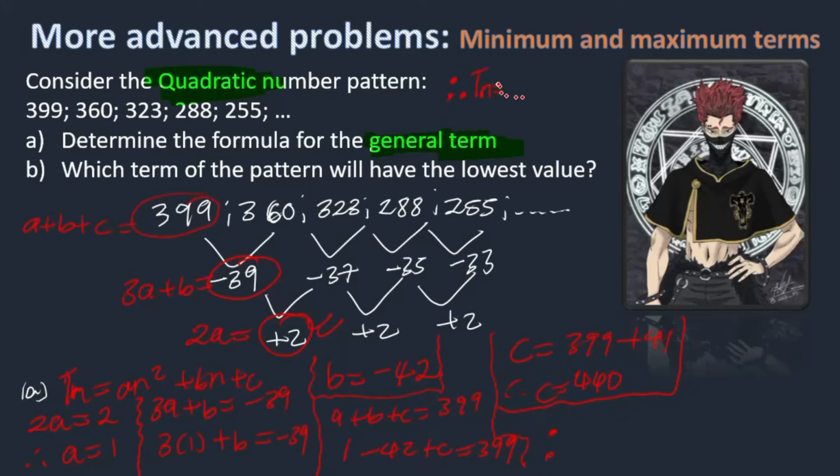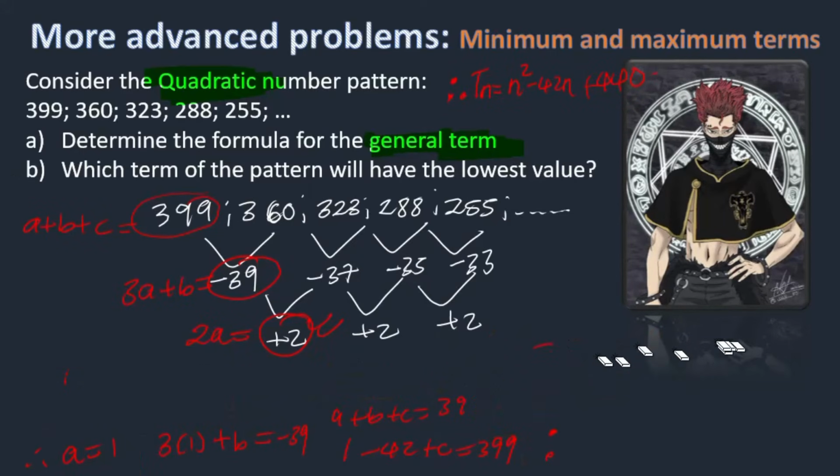Therefore, Tn is equal to n squared, our b is what? Minus 42n, our c is what? 440. There we go. Let me clear some space here. So that's our answer for A, to find the general equation.